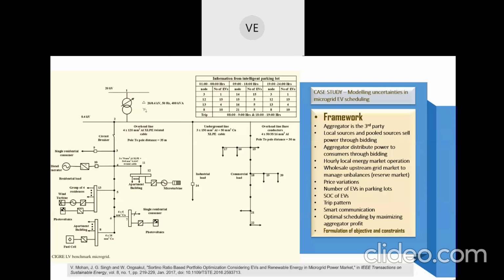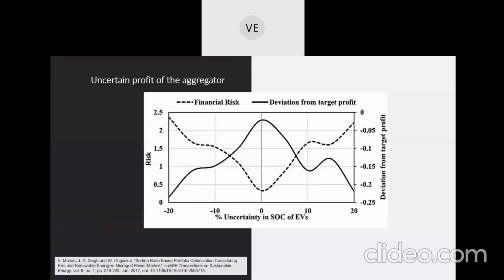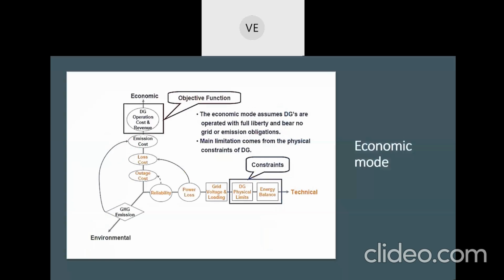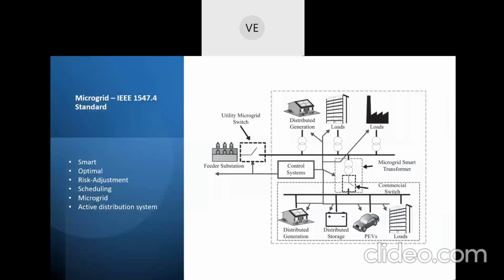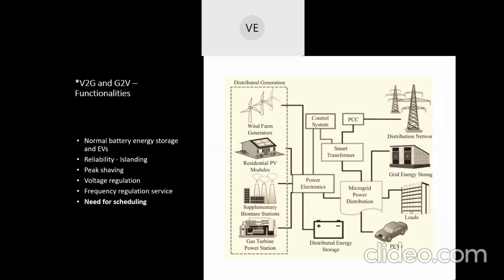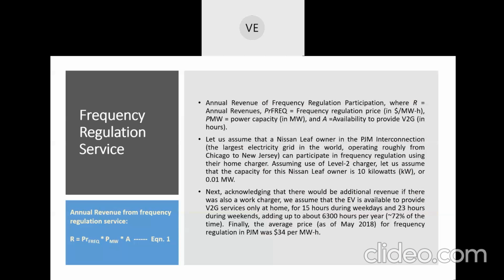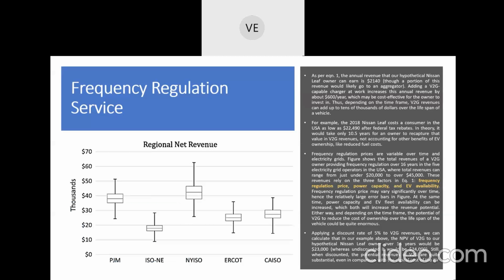So now we'll just revise this part. We started with the different services that can be provided by V2G activities by purchasing electric vehicles, and the functionalities of electric vehicles on ancillary services: voltage regulation, peak shaving, reliability islanding, frequency regulation service, etc. Then one frequency regulation service case study we have done.